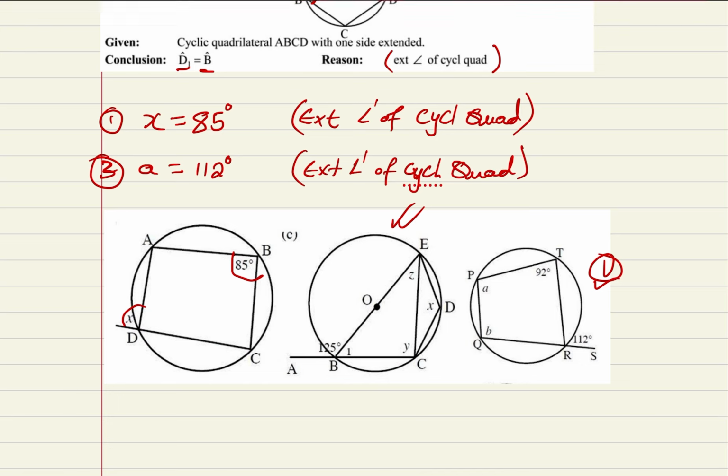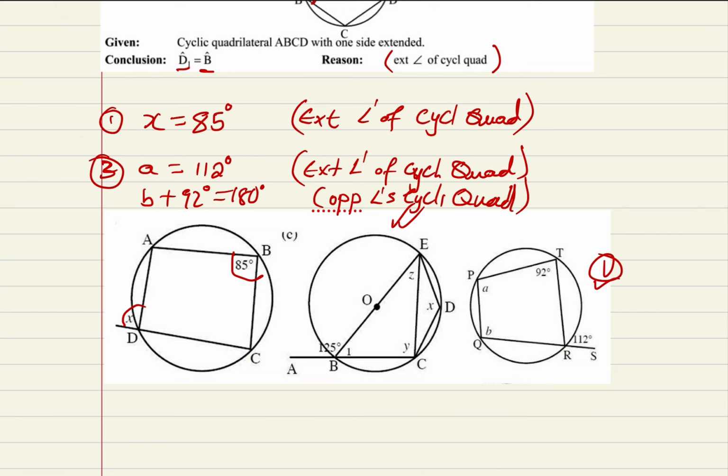Okay, now having that one, I can also find B. I will say angle B plus 92 degrees is equals to 180 degrees. Why do we say so? Those are opposite angles of a cyclic quad.